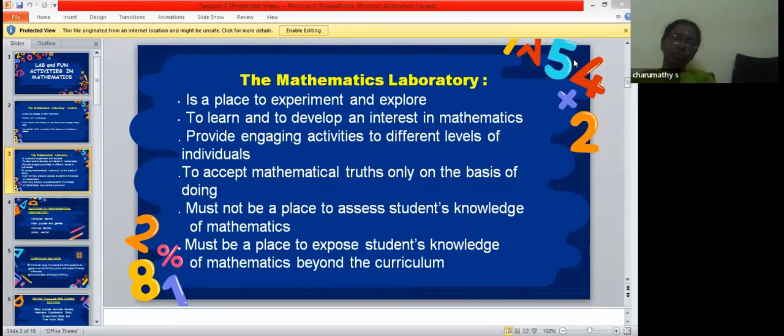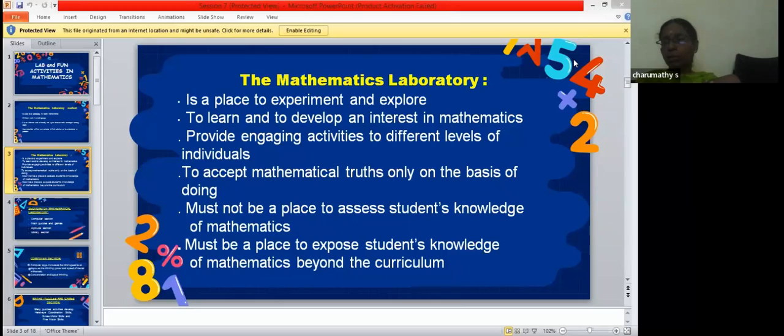Definitely you will feel the difference when they work in the maths lab. They come out with a lot of beautiful results which we wouldn't have expected. If it is done in this way, what could be the result? If it is not done in this way, what could be the result? Why can't it be done in this way? So they start exploring a lot.